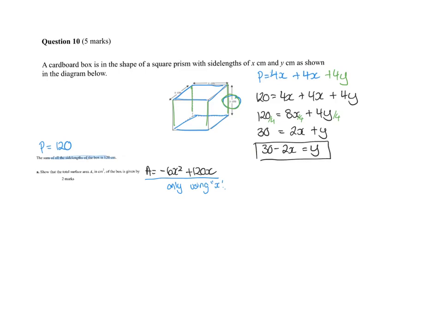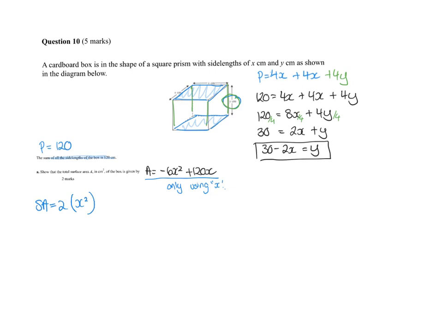So if I go down here to show, it says show that the total surface area is this. So surface area is when you find the area of all the sides. If you think of it, I've got this top piece and this bottom piece, and the area of those two, there'd be 2 of them, and they're actually x times x, which is x squared.